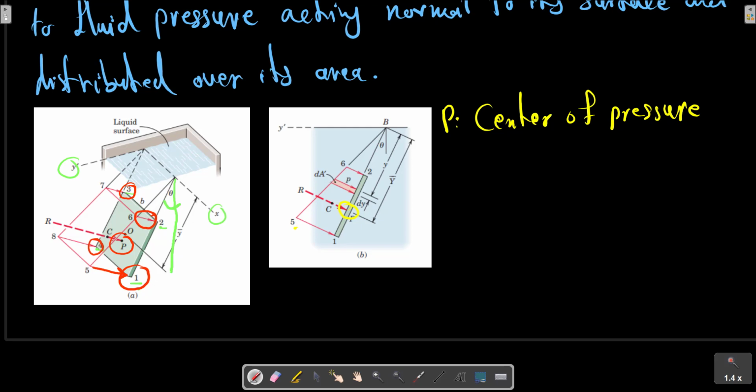The conditions which prevail at the vertical section 1, 2, 6, 5 shown here are identical to those at the section 4, 3, 7, 8 and at every other vertical section normal to the plate.